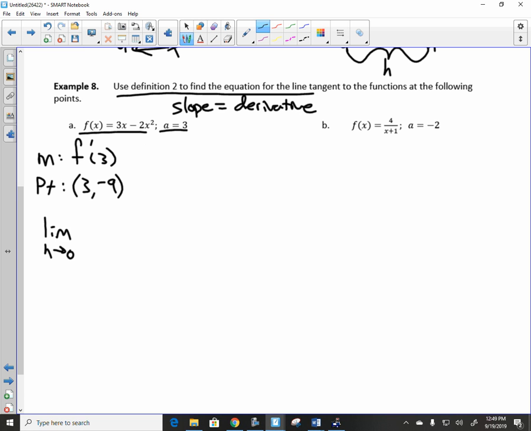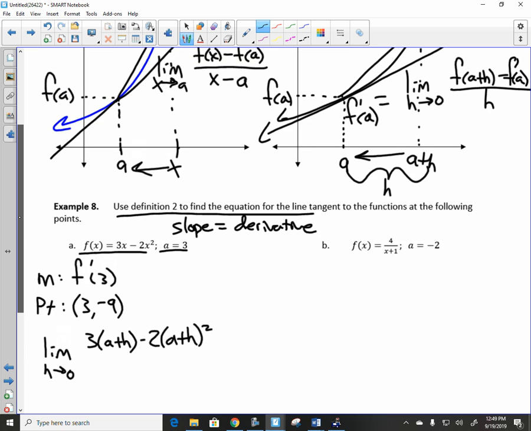And I get 3 times the quantity a plus h, minus 2 times a plus h squared. So I just plugged in a plus h.